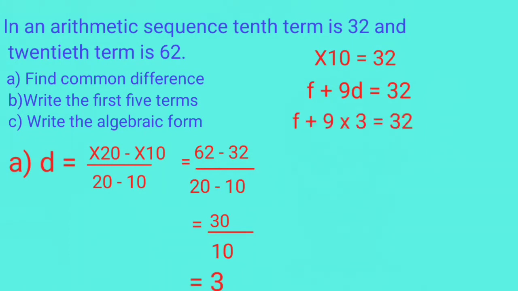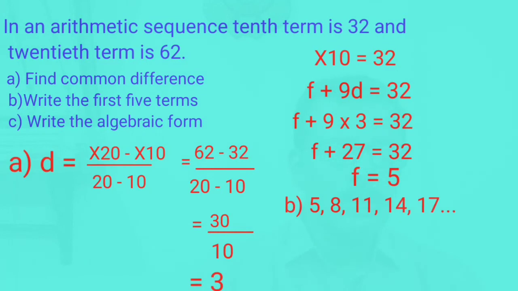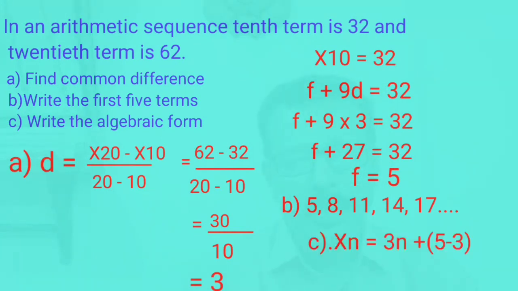So we need to find f. Here we know d. f plus 9 into 3 is equal to 32, which is f plus 27 is equal to 32. So the first term is 5. Now we can write the sequence very easily. 5, 8, 11, etc.